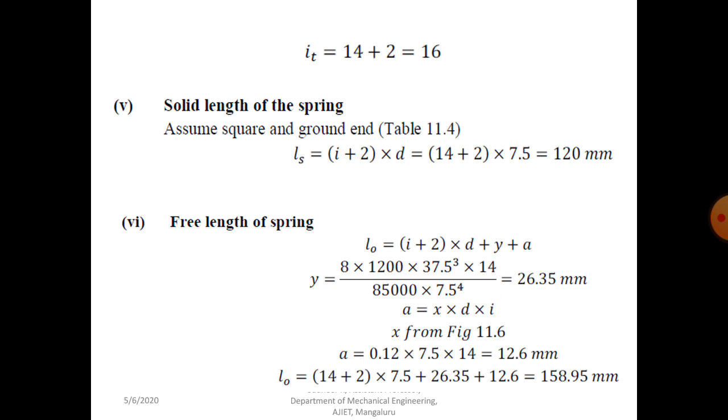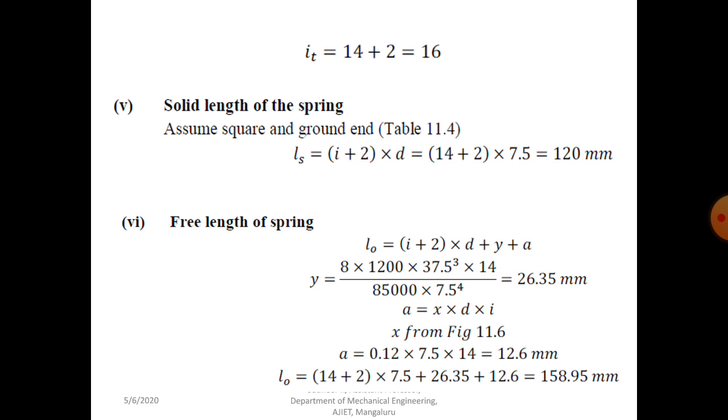Solid length means there is no gap between successive coils, when two coils touch each other. Free length indicates there should be a gap, so that gap is denoted by small letter a.